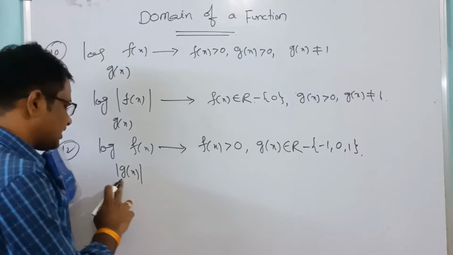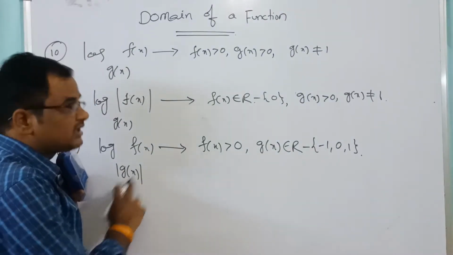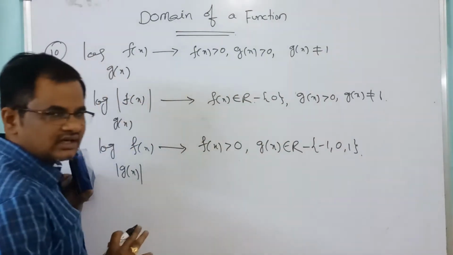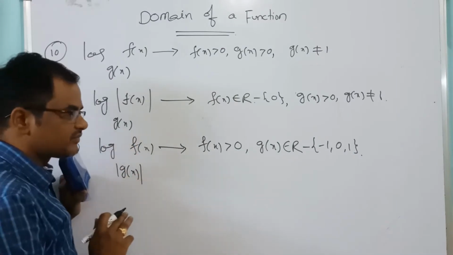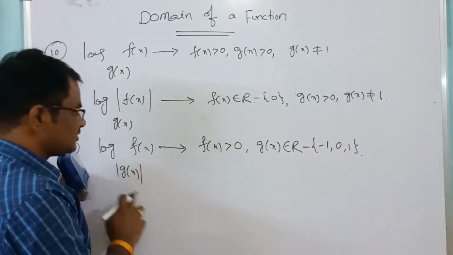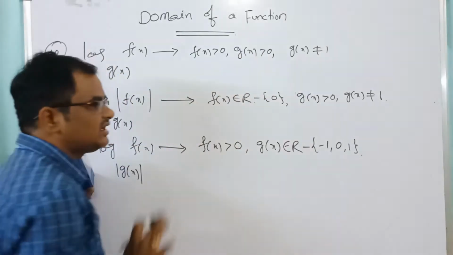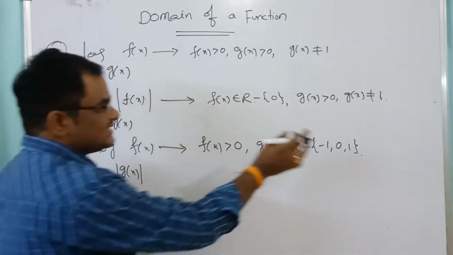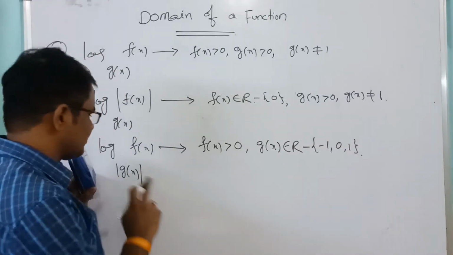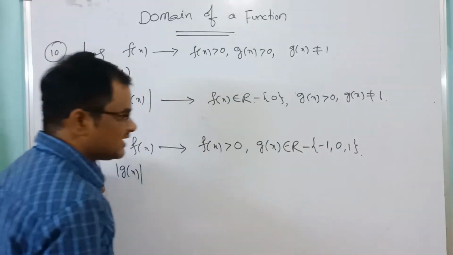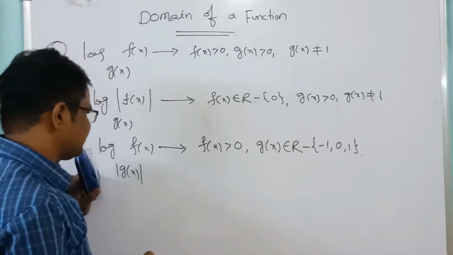Because the modulus of -1 is 1, but g of x is not equal to 1, already we know that by the definition of logarithm. And 0 also is excluded, because g of x must be greater than 0. So these values do not exist for this one, and that's why we have to subtract them from the real numbers.